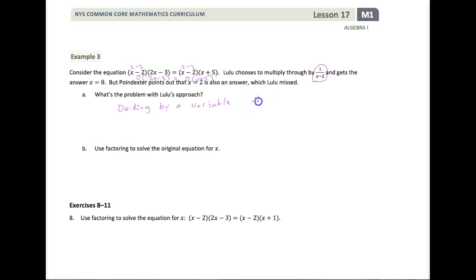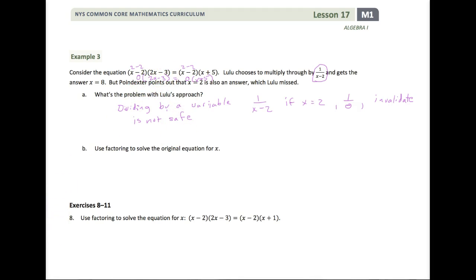In other words, if we have 1 over x minus 2 and x equals 2, we get 1 over 0, and we're not allowed to divide by 0, which means that we invalidate our answer. We don't want to do that. So dividing by a variable is not safe, basically.